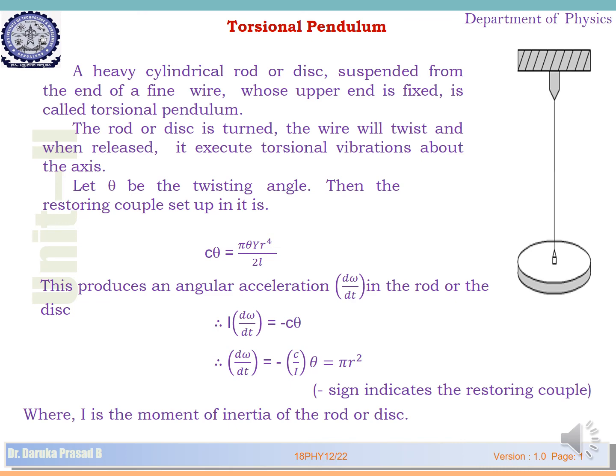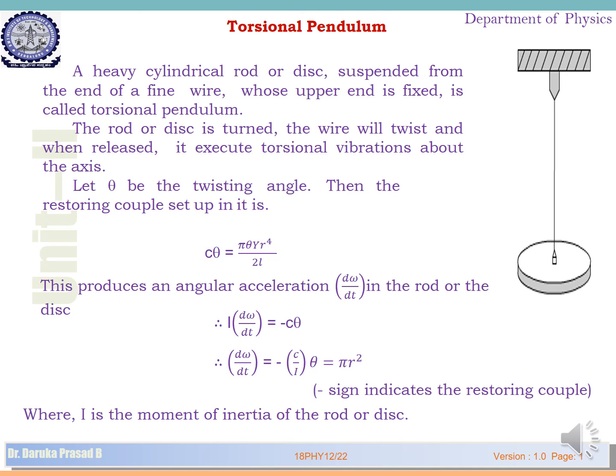To find the time period associated with this torsional pendulum, let us consider a heavy cylindrical rod or a disc suspended from the end of a fine wire, whose upper end is fixed, and it is subjected to torsional oscillation, that is twisted oscillations.